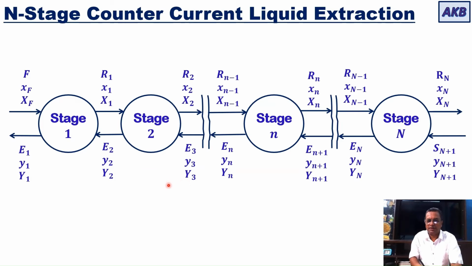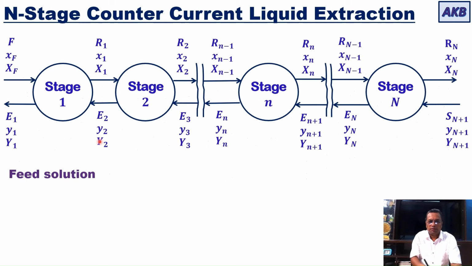Now let us understand what the notations are that I am using in my discussion. So in this case, for the feed solution, F represents its mass flow rate, that is mass per unit time. Small xf represents weight fraction of solute C in the feed.